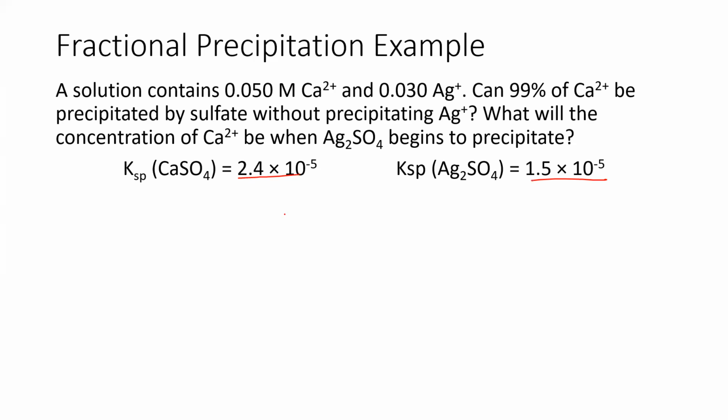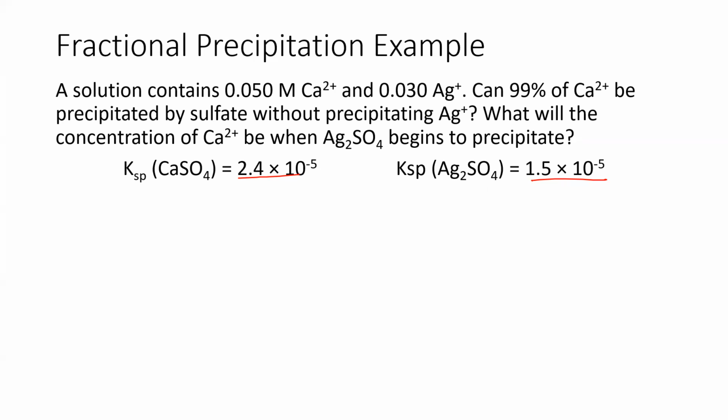No, it's a little bit larger than the silver sulfate. And so what is the concentration of calcium going to be when the silver sulfate begins to precipitate? Right. How in the world do we approach a question like this?